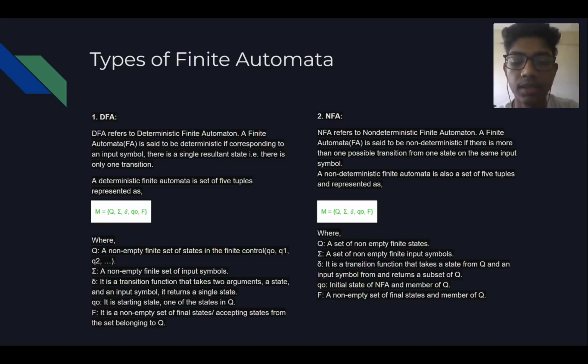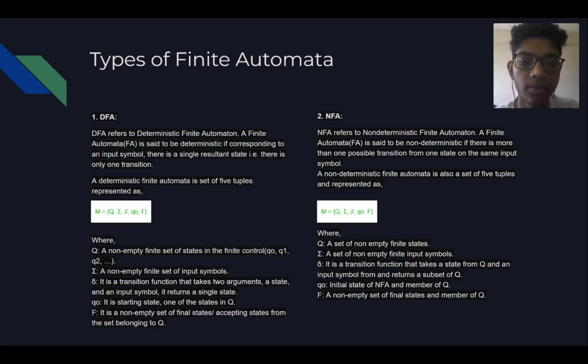Delta is the transition function that takes two arguments, a state and input symbol, and returns a single state. Q naught is the starting state, one of the states in Q, and F is a non-empty set of final states, accepting states, from the set belonging to Q.